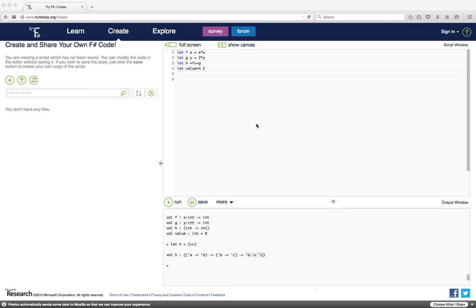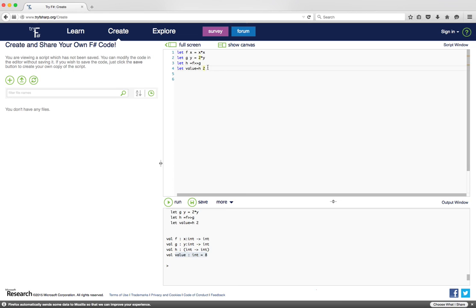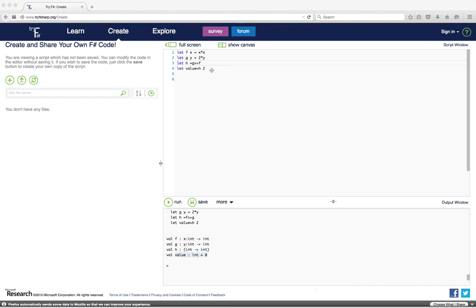Let's try this, and if I run this, I can see that the value is actually equal to 8. If I flip them around, with this being f and this being g, then I'm going to get 16. Because now f is acting as my outer function and g is acting as my inner function, so I have f of g of x.